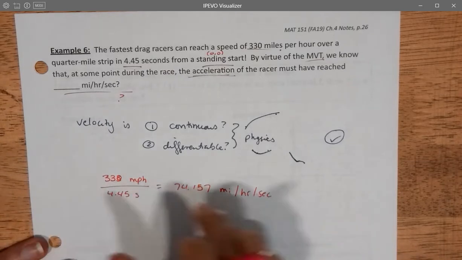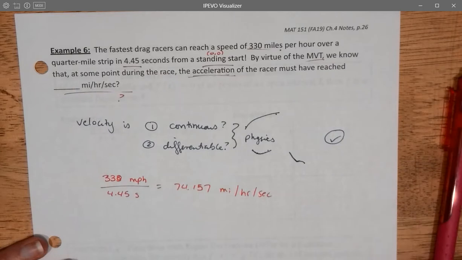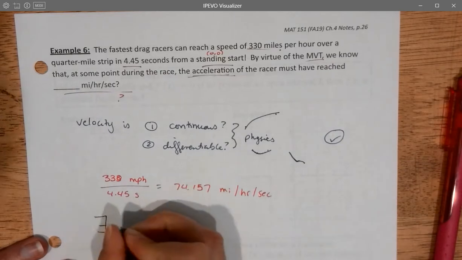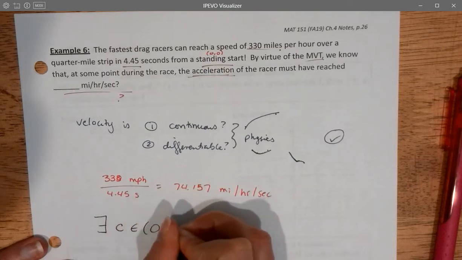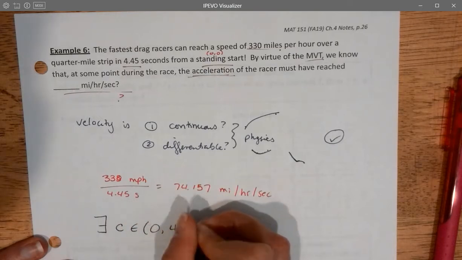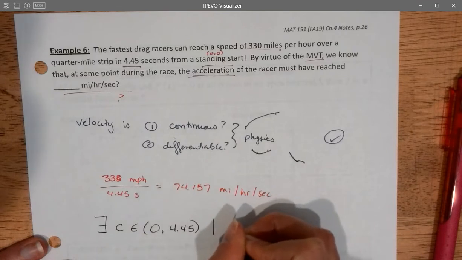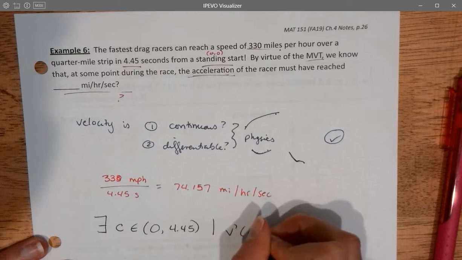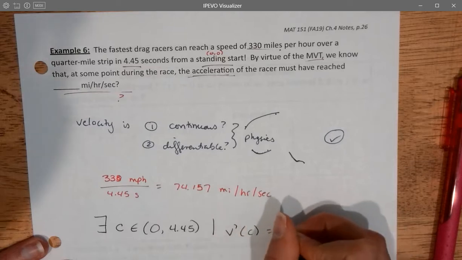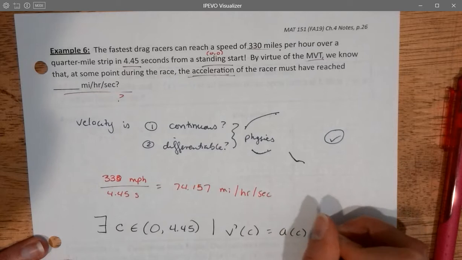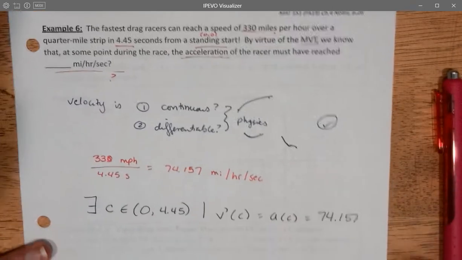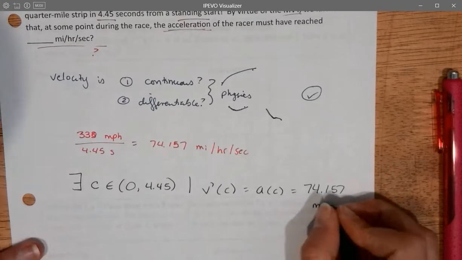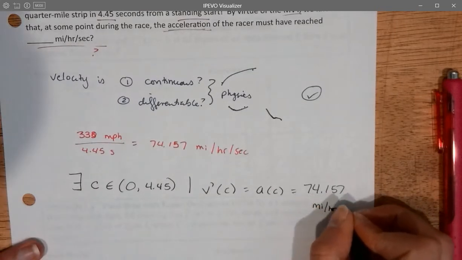This is our secant slope, so by the mean value theorem, we can conclude there exists a c in the interval 0 to 4.45 such that v prime of c, the derivative of velocity, which is acceleration, so a of c equals that 74.157 miles per hour per second.